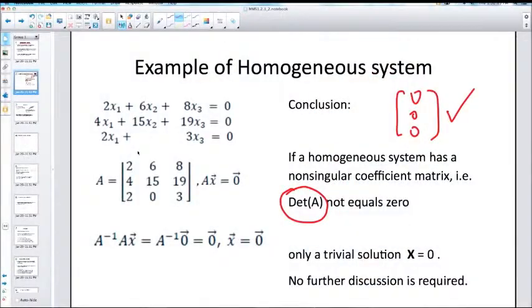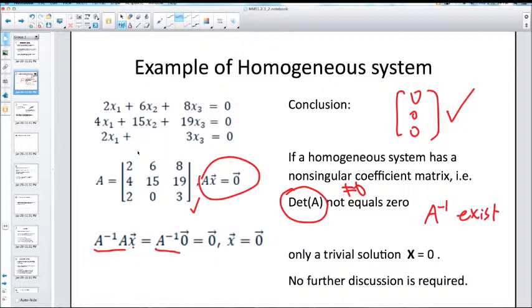So we look at the different situations. We start to look at the determinant. We know the determinant determines if the inverse of the matrix exists or does not exist. Let's assume the determinant is not equal to 0. If the determinant is not 0, then the inverse exists. To solve this equation, since the inverse exists, you multiply the inverse on both sides.